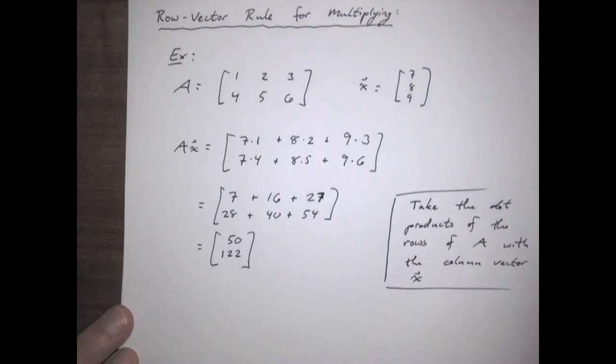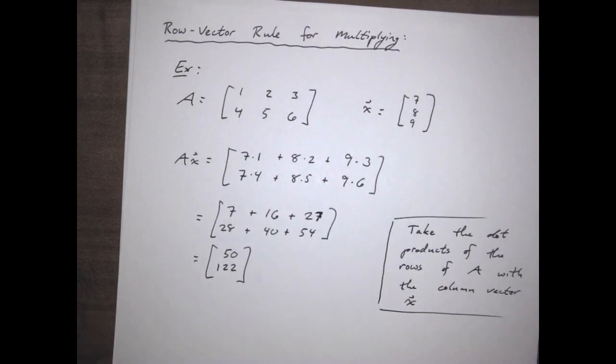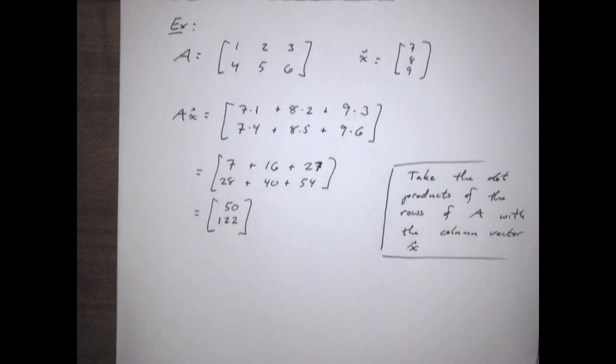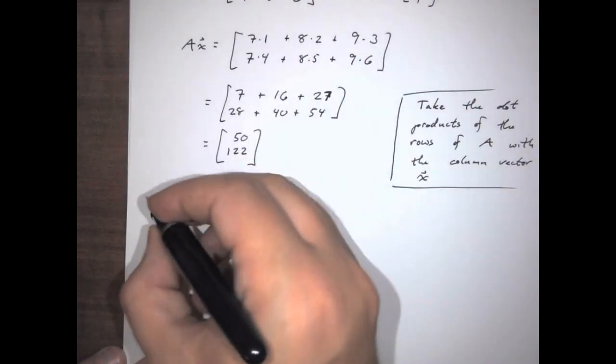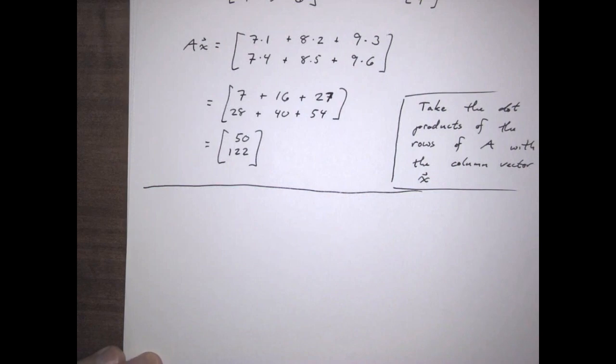That's why this is called the row vector rule for multiplying, because it treats the rows of A as vectors, which in turn are multiplied in a dot product fashion with the column x. This is just another way of doing it, and you can use whichever of the two methods you find most convenient for whatever purpose you are multiplying.